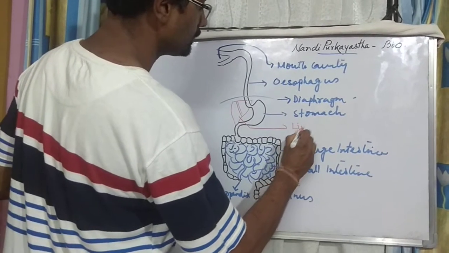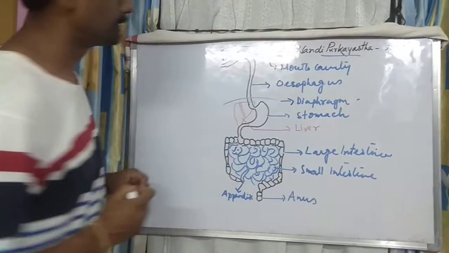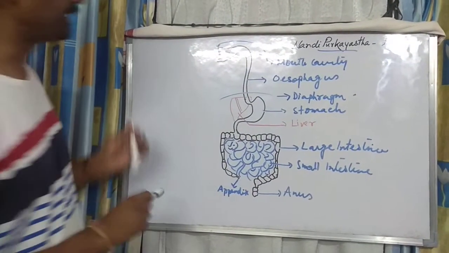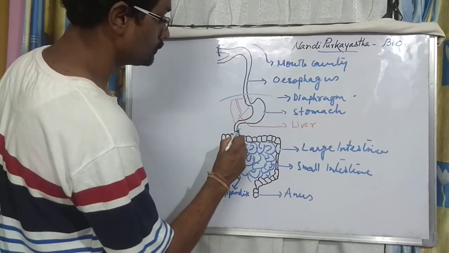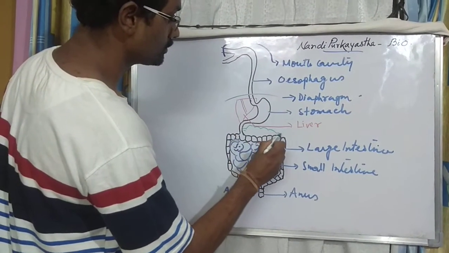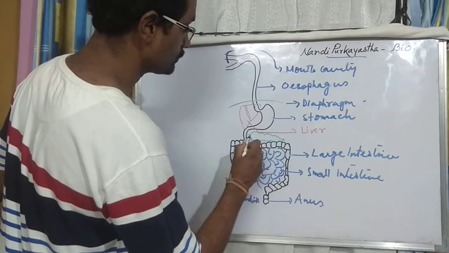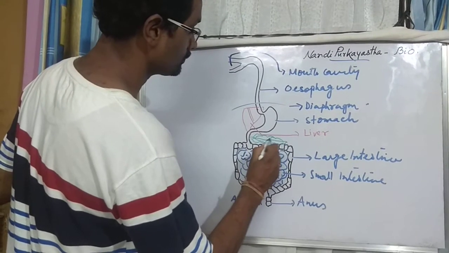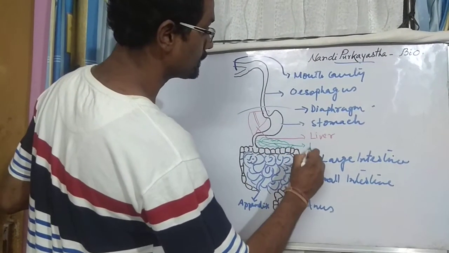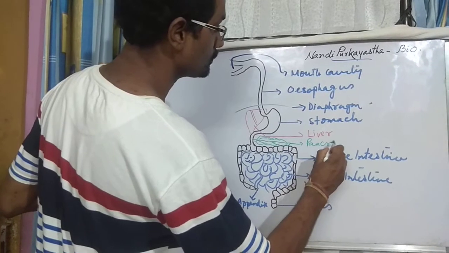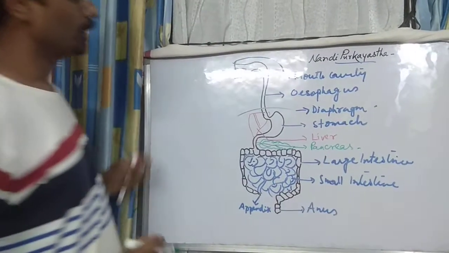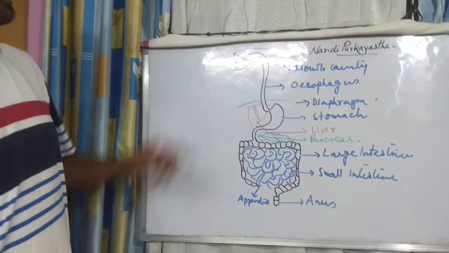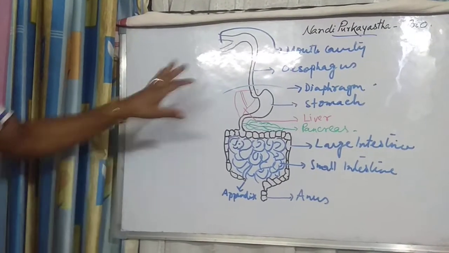This is the liver. And here I am putting green, like a leaf. This is called the pancreas. So this is the diagram of the digestive system.